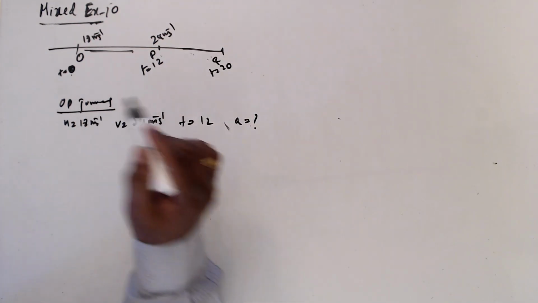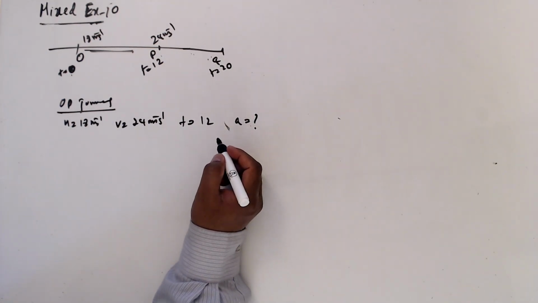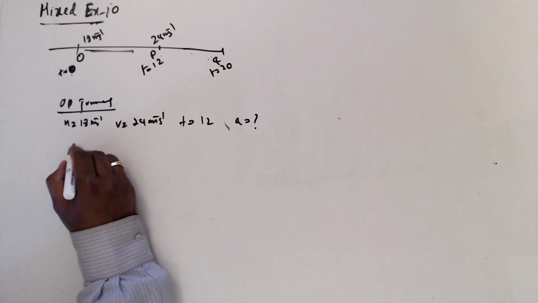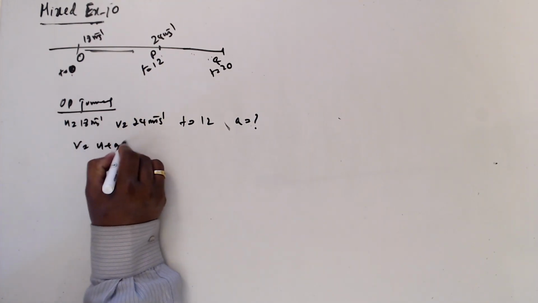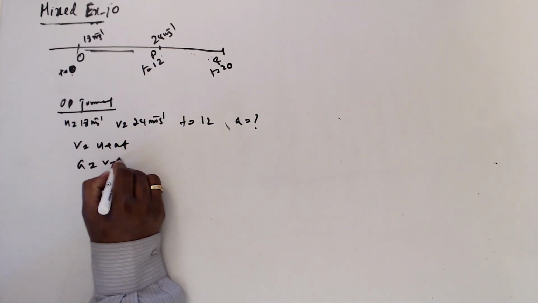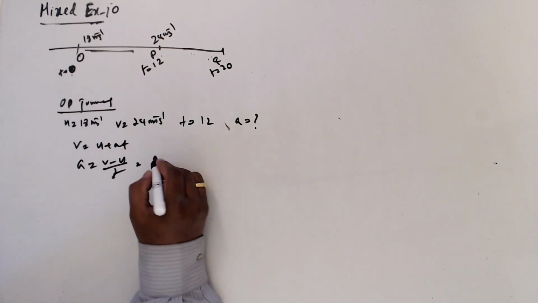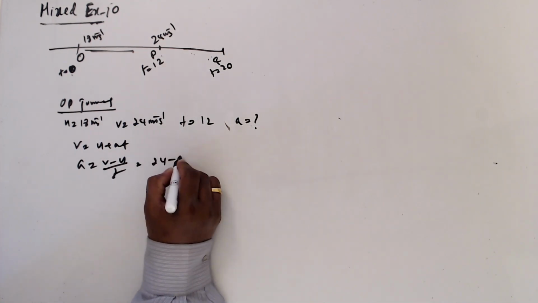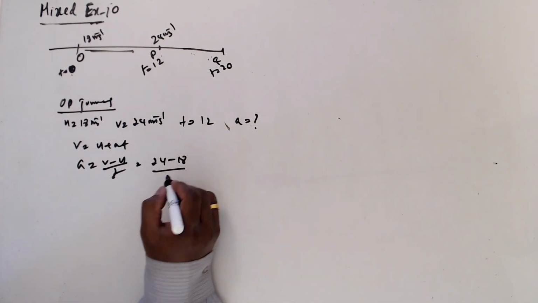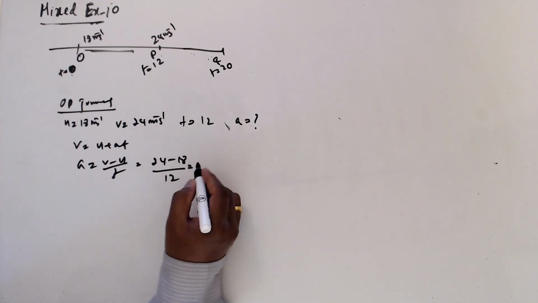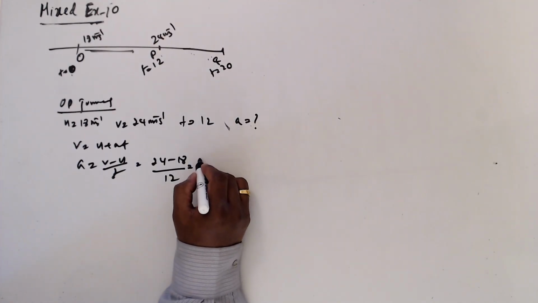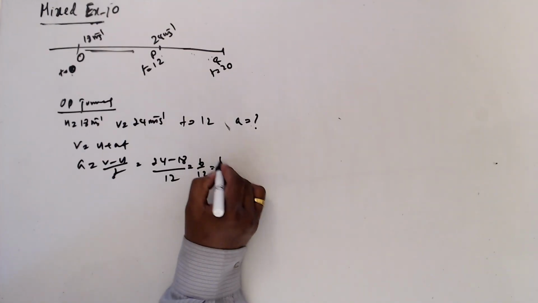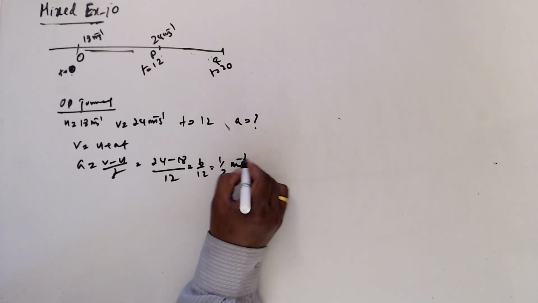So now we can find a from here. v equals u plus at. So v is 24, u is 18, t equals 12. So this is going to be 6 over 12, that is half a m/s².